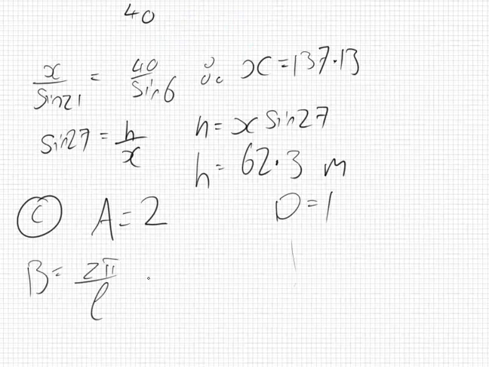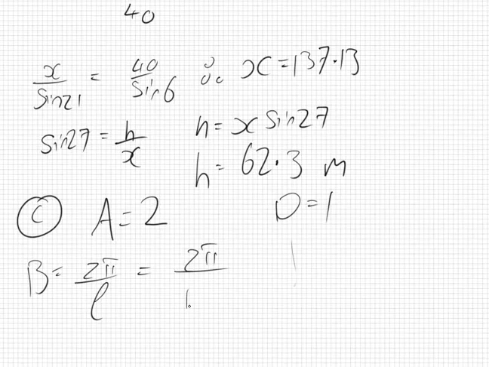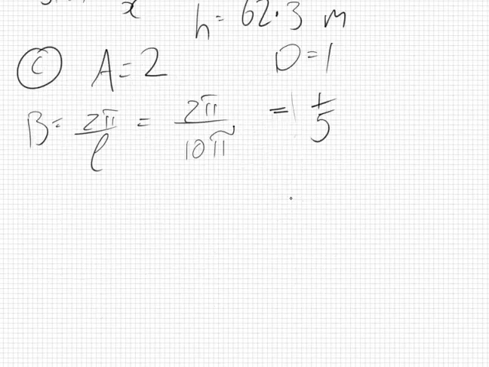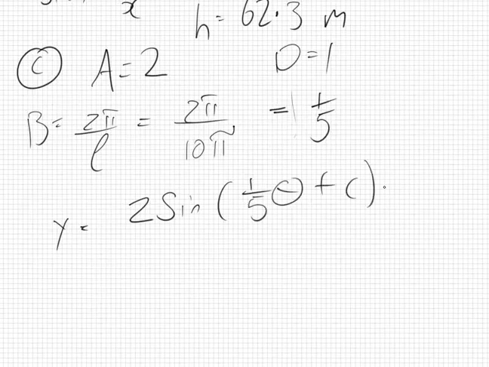So how long is this graph? Well, you can see it goes from 0 to 10 pi, so its length is 10 pi. Yes? So what's the B here? 1 over 5. So now that we have the A, B, and D, we can say y equals A sine B theta plus C plus D.